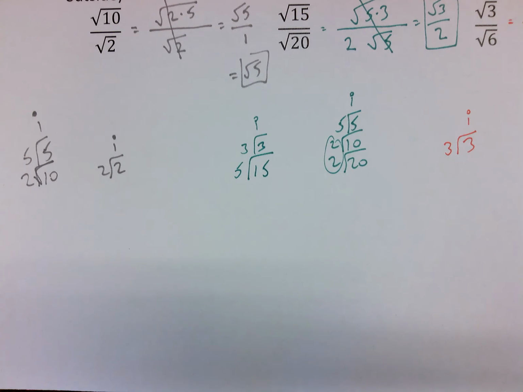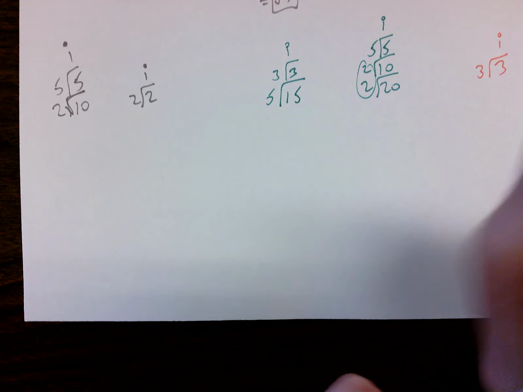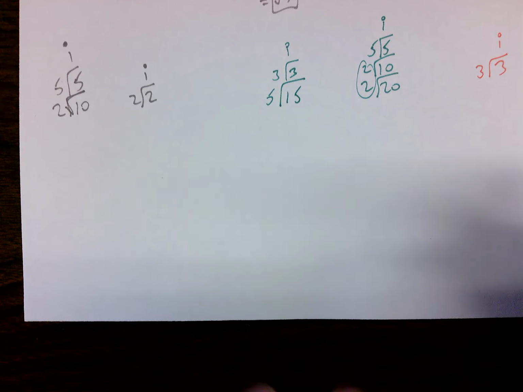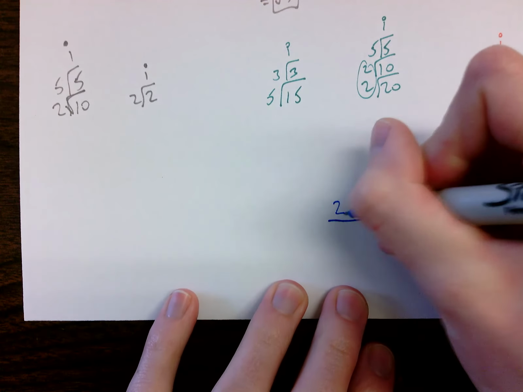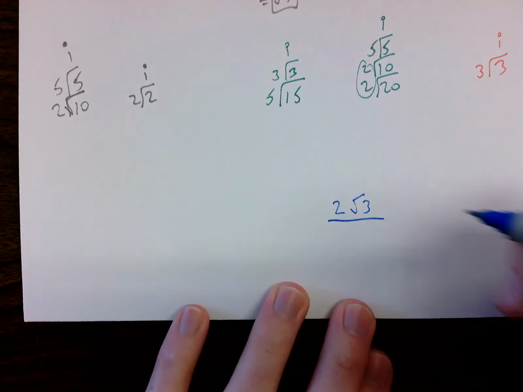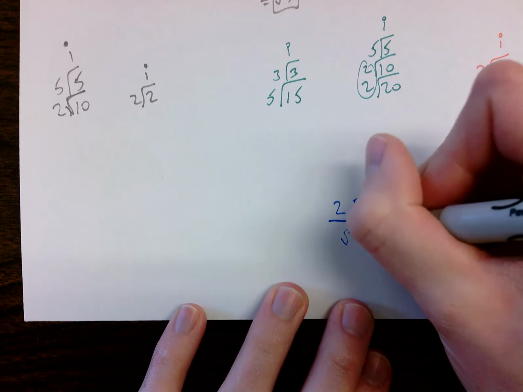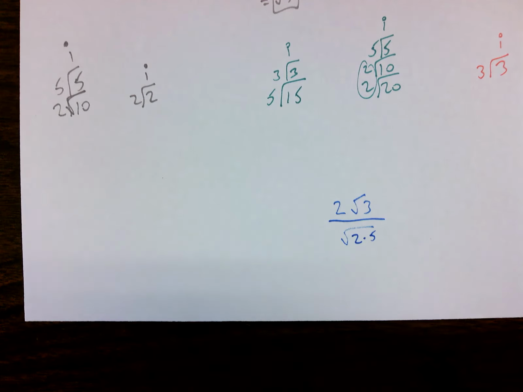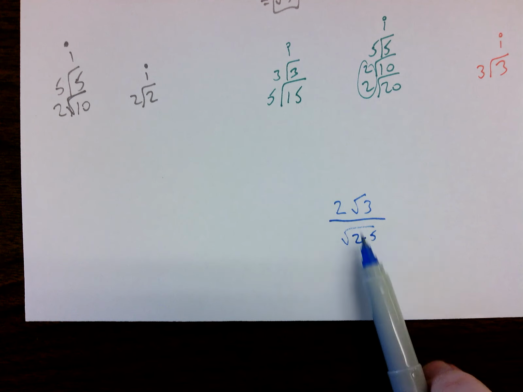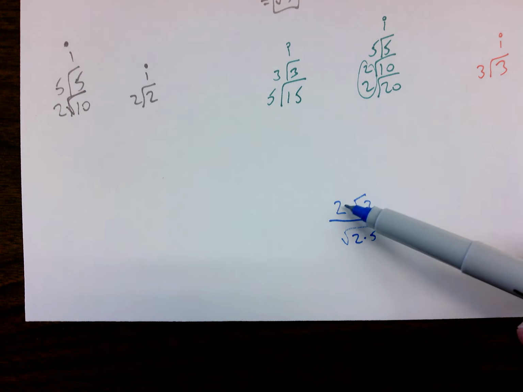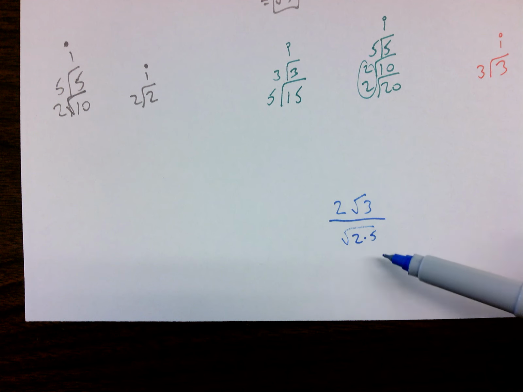Okay, now one quick thing that I just want to make sure we point out. If we had a problem where we go through and do all of our birthday caking, and after we birthday cake, we have something like 2 times the square root of 3 on the top, and then on the bottom, we have 2 times the square root of 5. See how we've got a 2 in both of them, but in this one, it's outside the radical, and in this one, it's inside the radical, right?